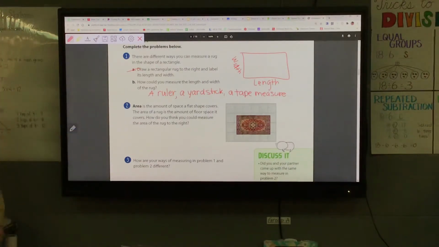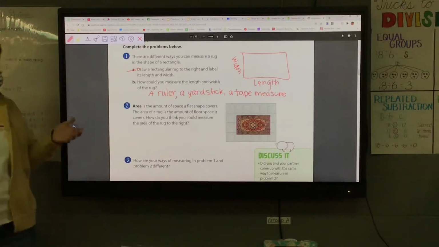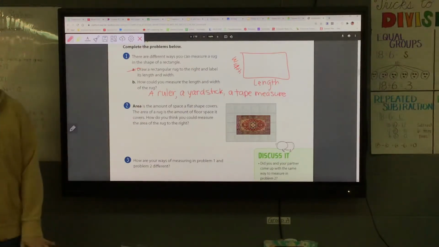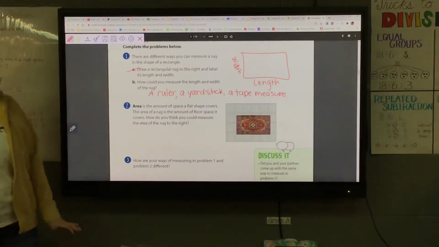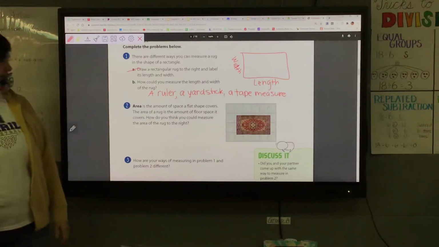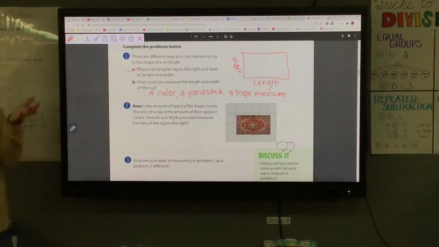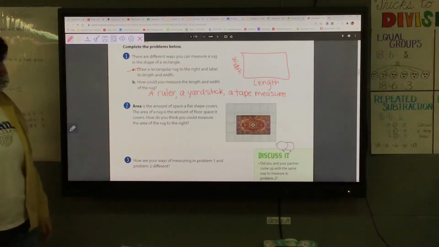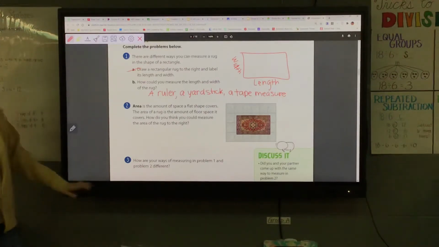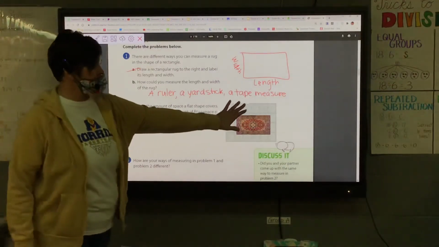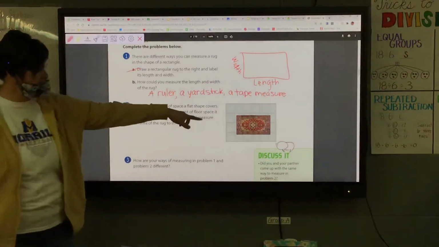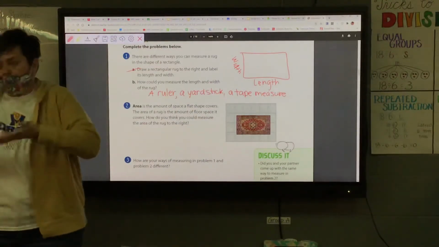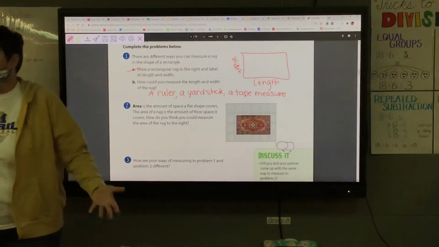Look at part 2. Area is the amount of space a flat shape covers. The area of a rug is the amount of floor space it covers. So looking over here to the right, do you see the rug? It's like they have a rug placed on top of a tile floor, right?